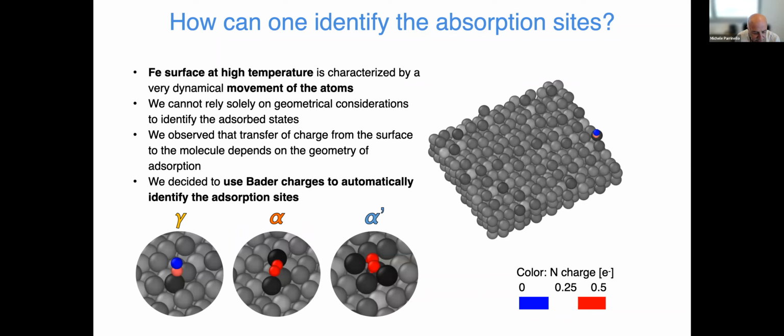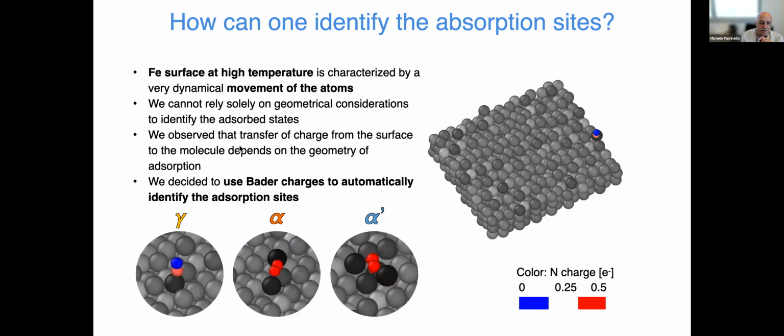Now we run the simulation, but before that we need to understand what goes on. If things move all over the place, it's very difficult to define what is a gamma or alpha prime site, but we realized a very, very important factor: if we look at the electronic properties of the system, we can distinguish whether the molecule is in the gamma, the alpha, or the alpha prime position.